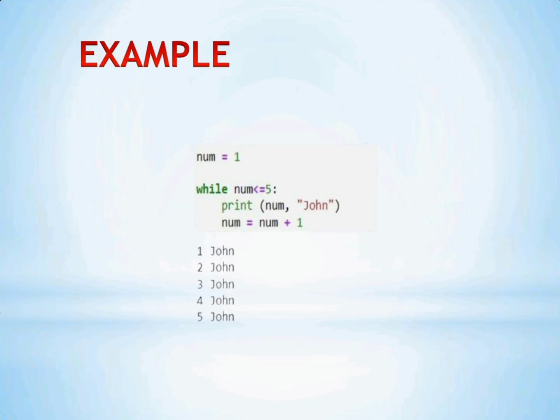Yes, 1 is less than 5, right? So the condition is true. Then the code will move to the next step. Print number, John. So num goes from 1 up to 5, each time adding 1. So John is printed 5 times.